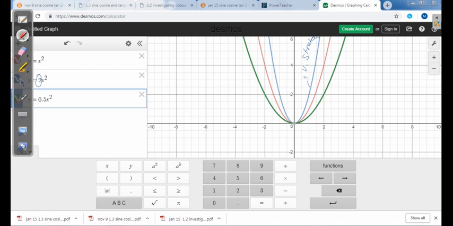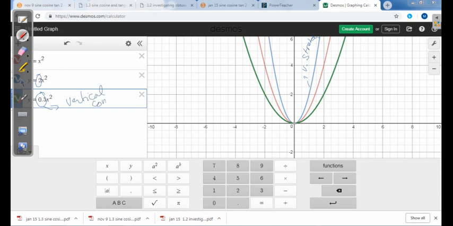So we call that a vertical compression. Because this is wider, that 0.5 is going to cause a vertical compression.